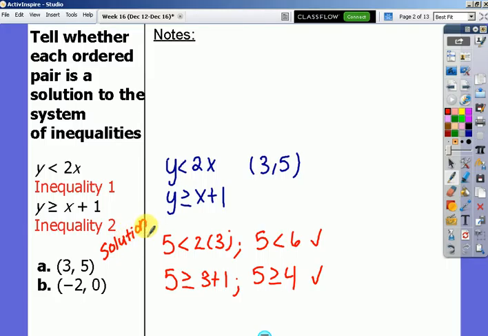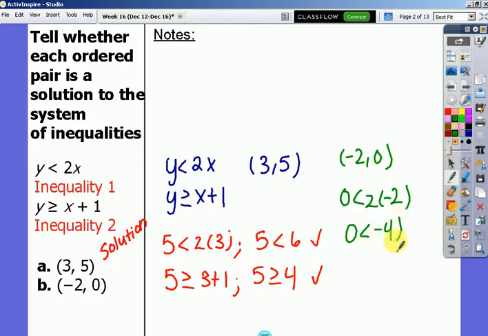I'm going to repeat the same process with the other point, (-2, 0). I'm going to plug it into the first one here, and again, I tell myself, is 0 less than 2 times negative 2? And in this case, it's not. So it's not a solution to the first inequality within our system, therefore it's not a solution to our system.